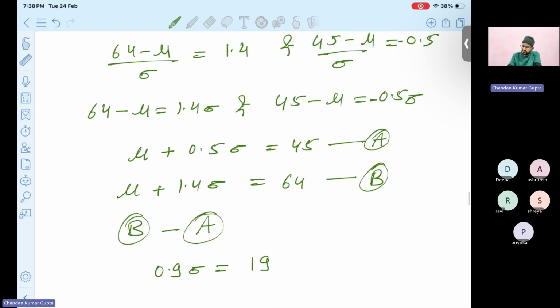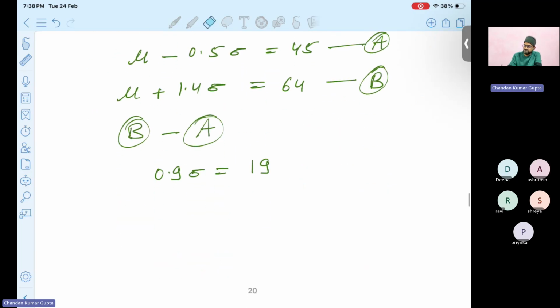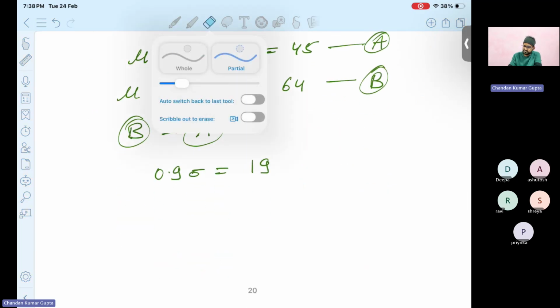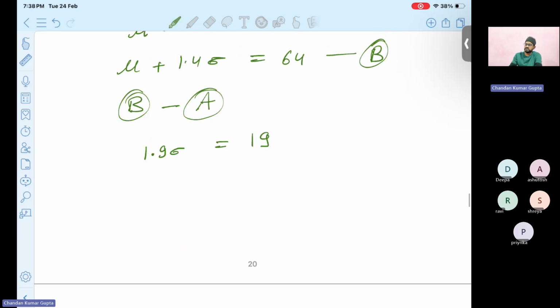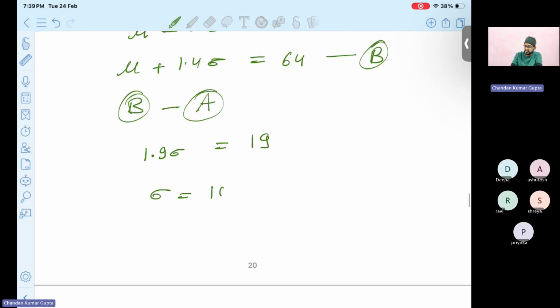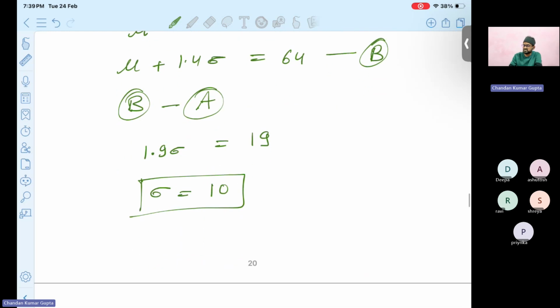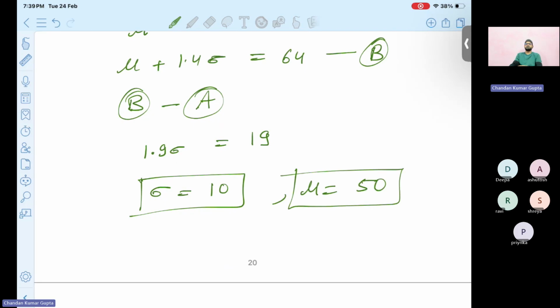So yes, it's minus, and overall it becomes plus. So it's 1.9 sigma. So from here, sigma is 10. Put the value of sigma in any of the equations, and you will find mu equals 50. It's a simple calculation, so I skip it. Is it okay up to this point?